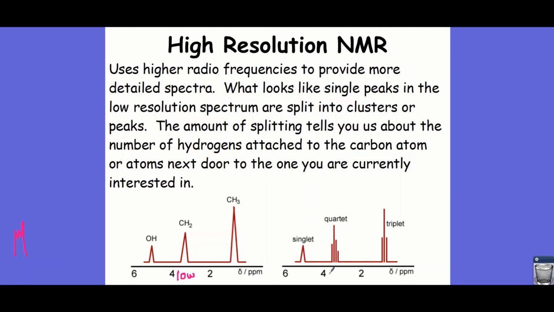A high resolution NMR gives us a lot more detail, where we might have singlets, doublets, or peaks split into triplets or quartets. And this gives you information about the environment the hydrogens are in, but also how many hydrogens are attached to the adjacent carbon.